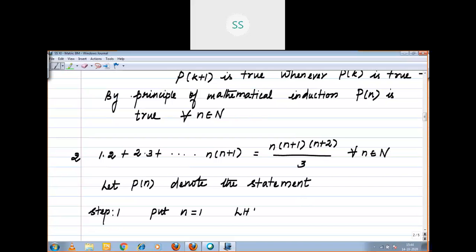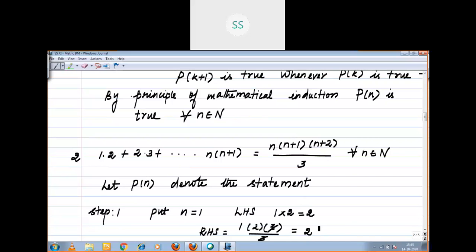Put n equal to 1. Then what can you get in the LHS? 1 into 2 which is equal to 2. RHS equal to 1 into 2 into 3 divided by 3.